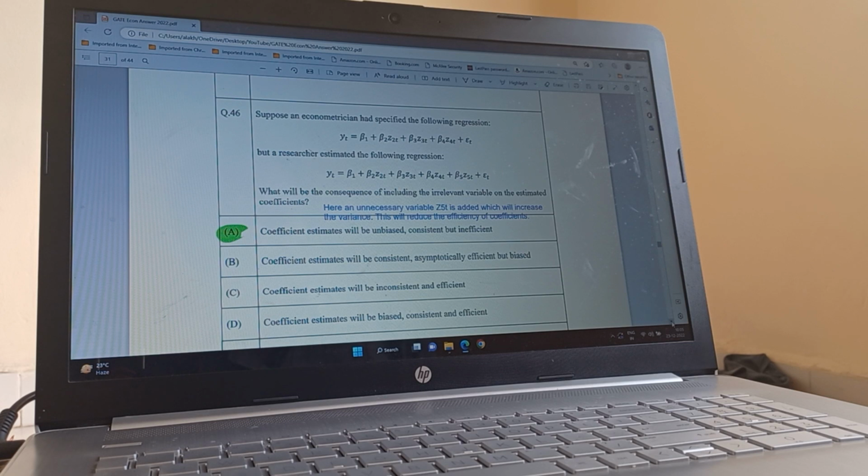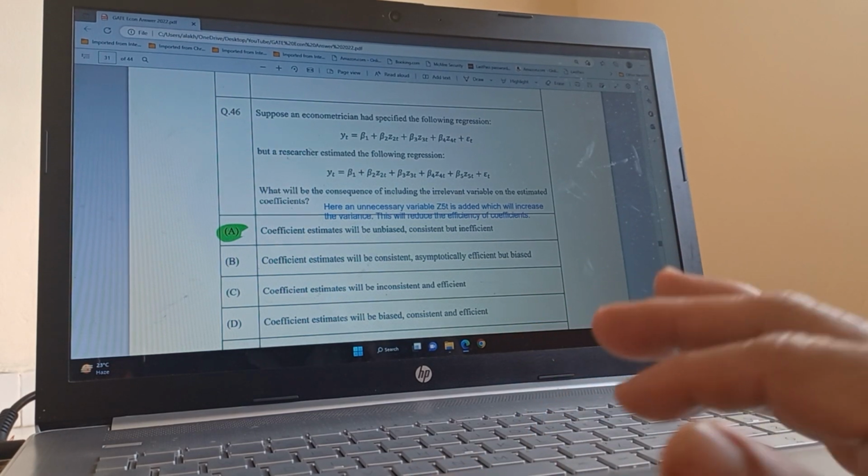But the researcher estimated the following regression: yt is equal to beta 1 plus beta 2 Z2t plus beta 3 Z3t plus beta 4 Z4t plus beta 5 Z5t plus eta t. So this beta 5 Z5t is the additional independent variable that the researcher estimated.